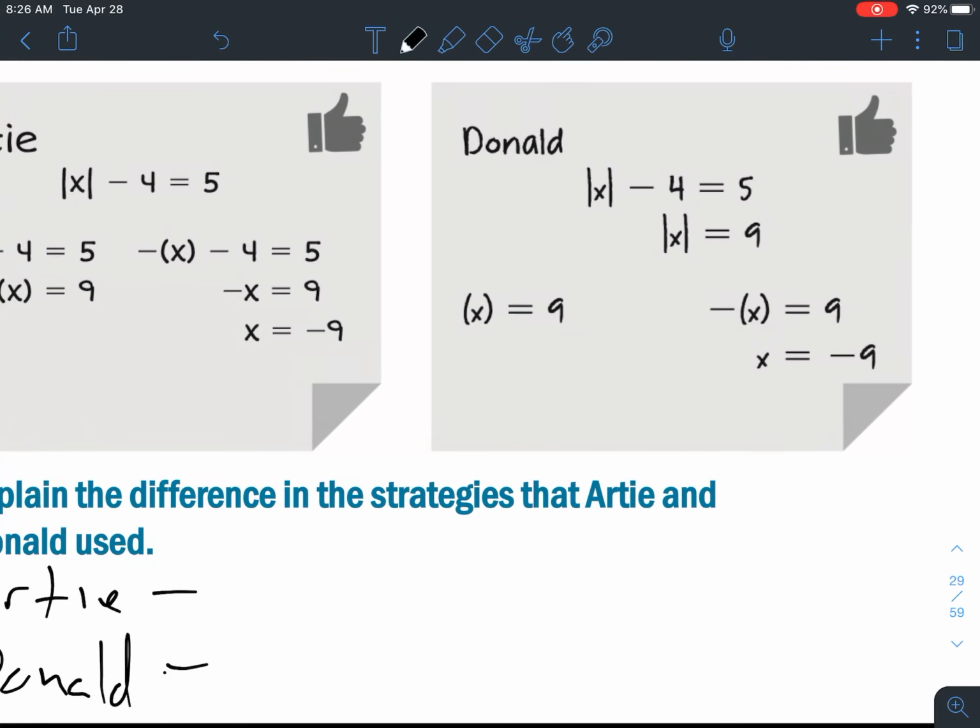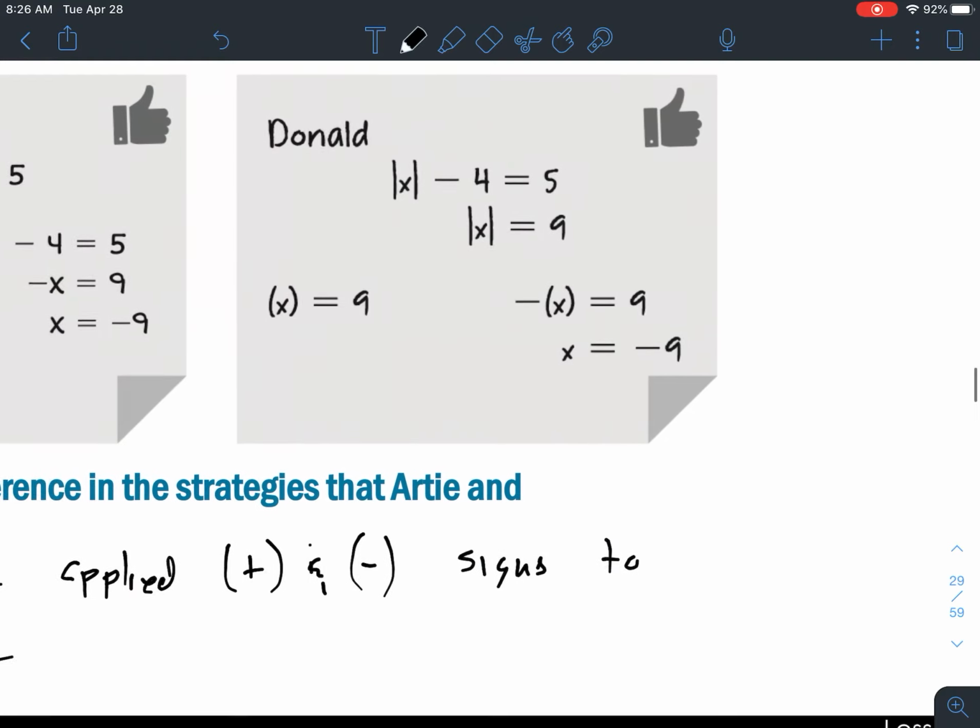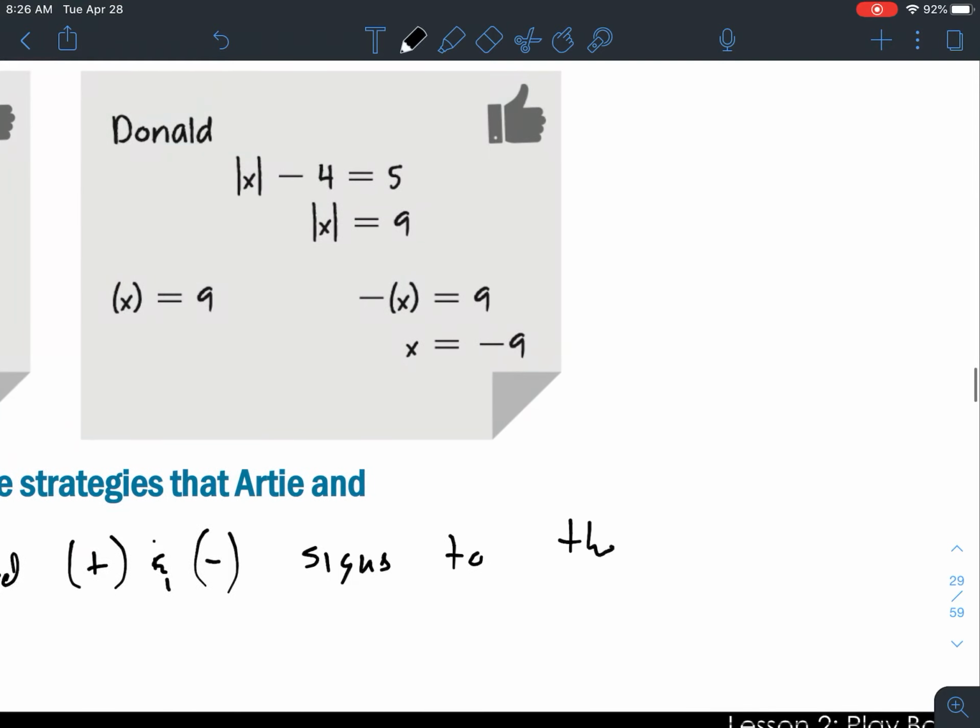So Artie applied positive and negative signs to the expression inside.